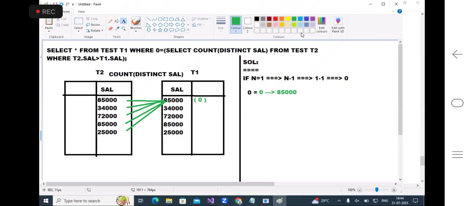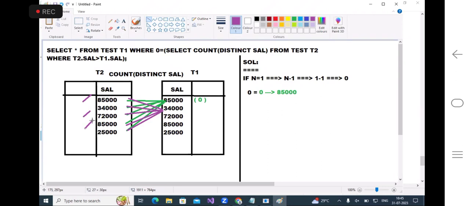Now this is what happened. In the same pattern, next 34,000. For 34,000 above, how many values are there which are bigger than 34? First one is 85. Second one, 72. Again 85.